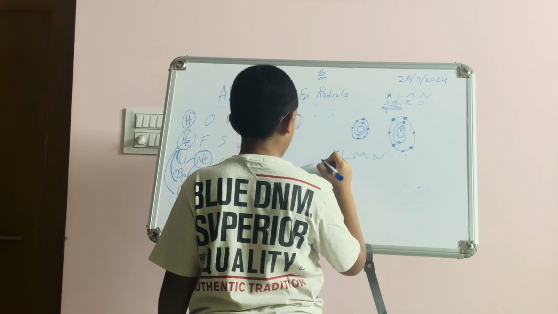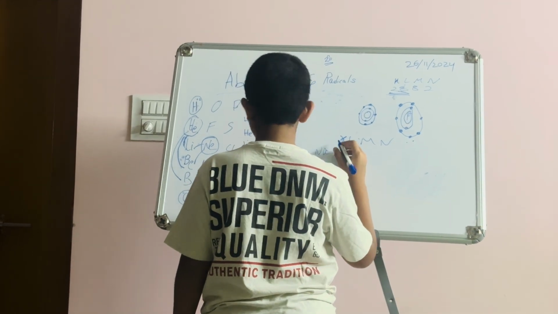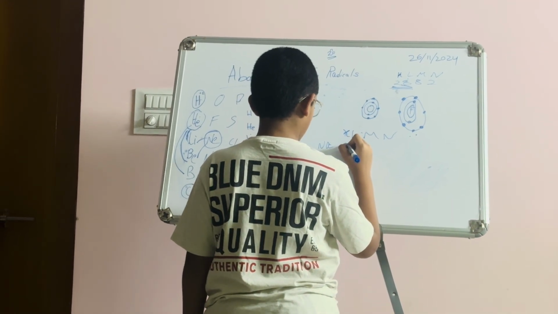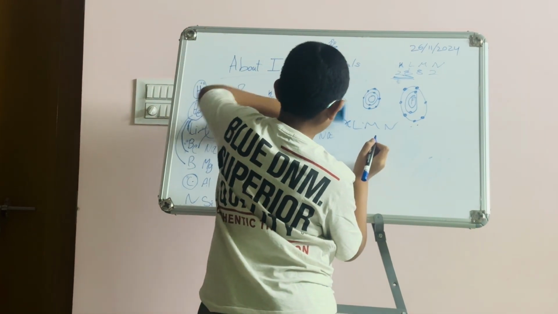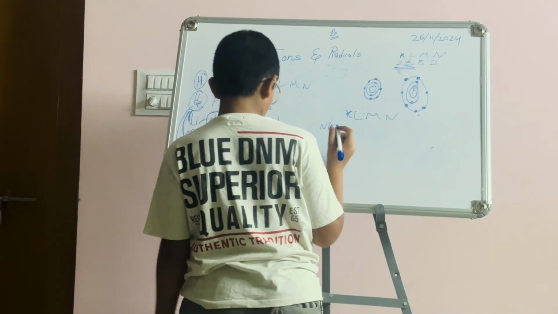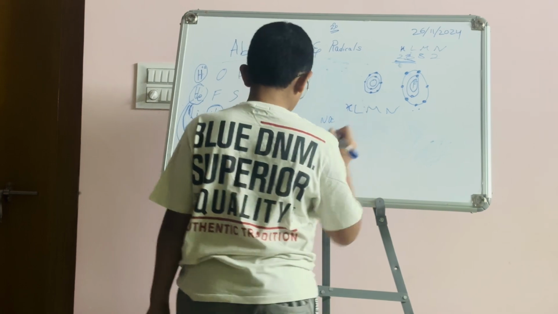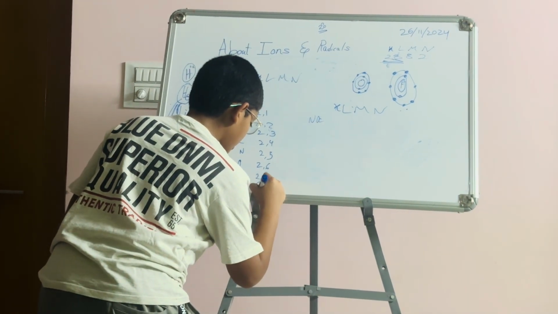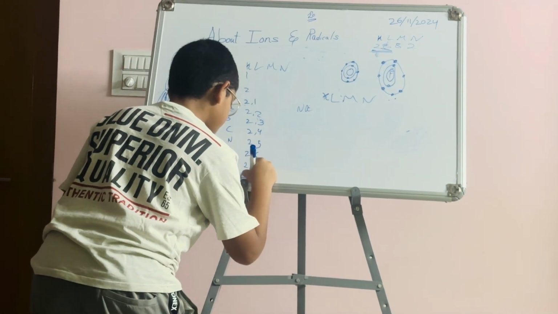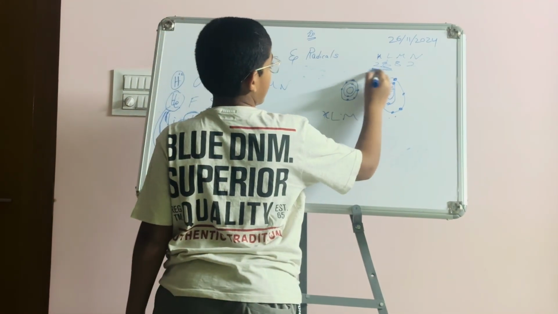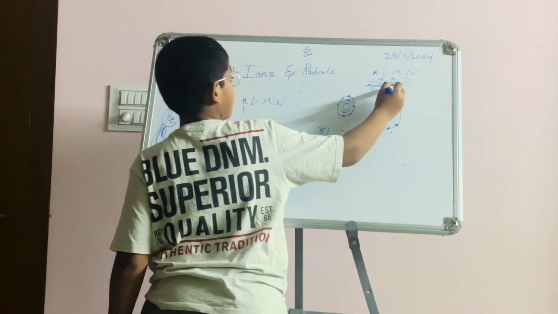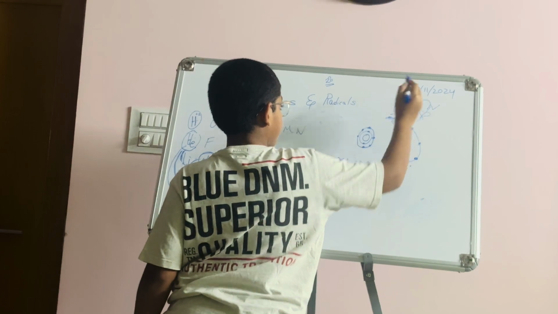And the second 10. Sodium, here 2 8, so neon has become stable. 2 8, I have told you guys, right? So it goes for this shell now, the M shell.